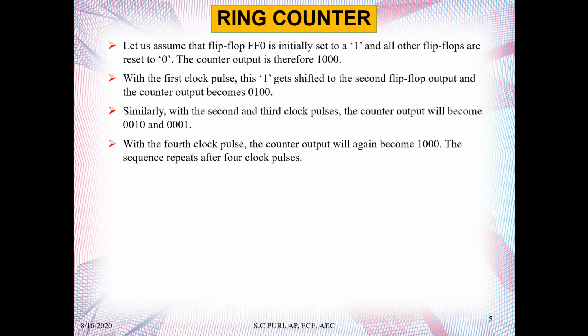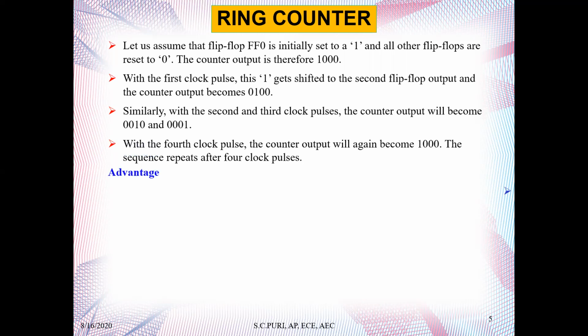With the fourth clock pulse, the output again becomes 1 0 0 0, because we have connected the last output as input to the first flip-flop. So this 1 rotates, and therefore it is called a ring counter. This sequence repeats after 4 clock pulses because it is a 4-bit operation in the present case.